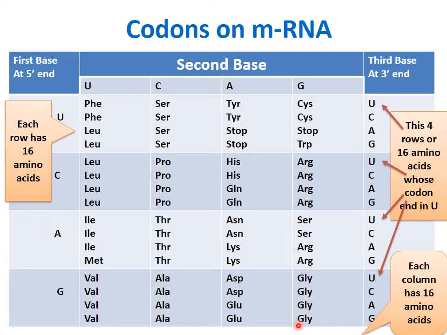And the last one will end with G. These are all G, these are also all G, so the last row will have G as the third base.